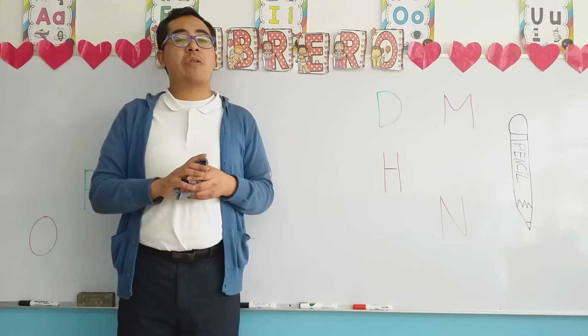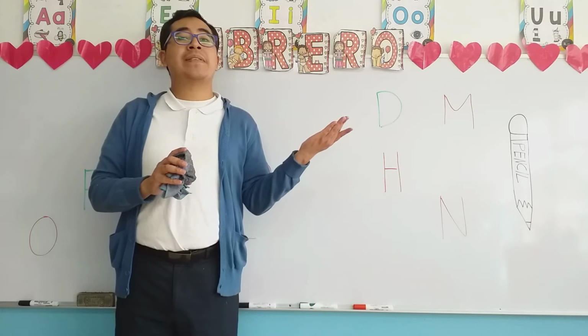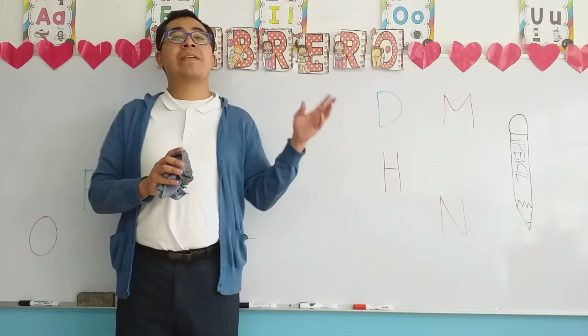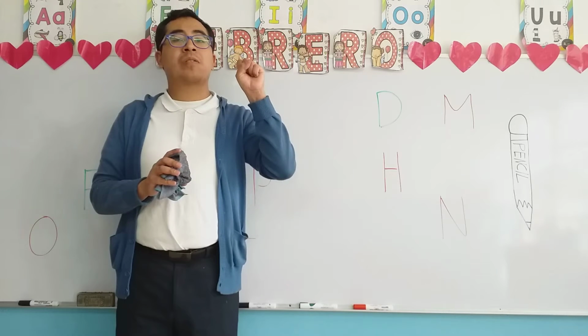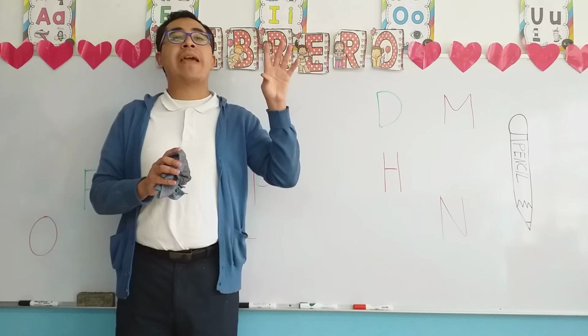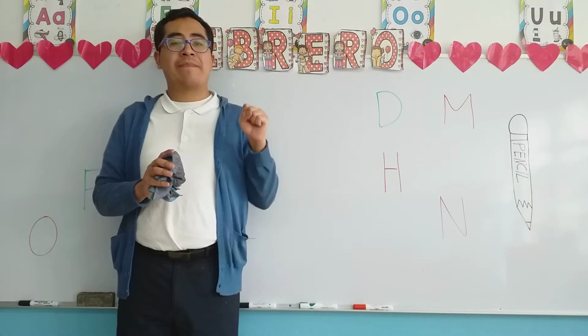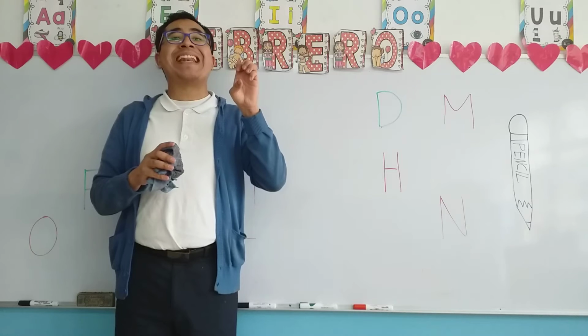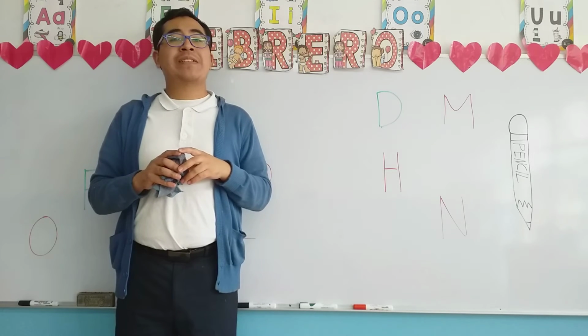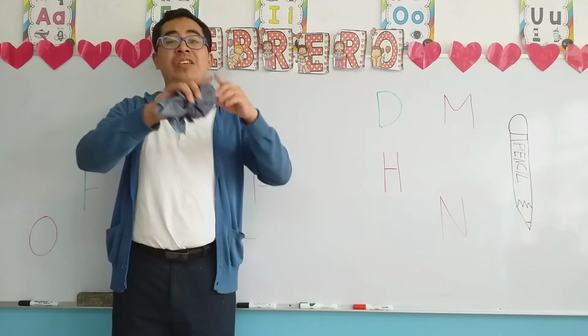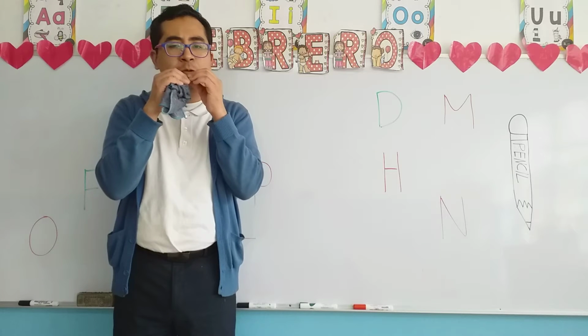Let's continue with the letter N. Now remember the pronunciation. One is letter M with our mouth closed, con nuestra boca cerrada, letter M. And the other is letter N. So for letter N, we have objects as nut, which is squirrel's favorite food.